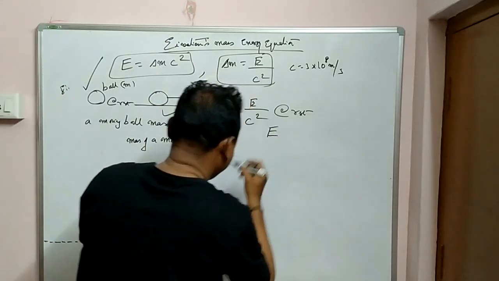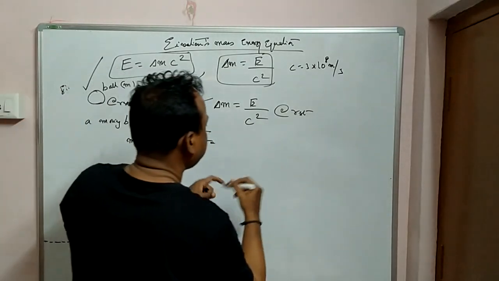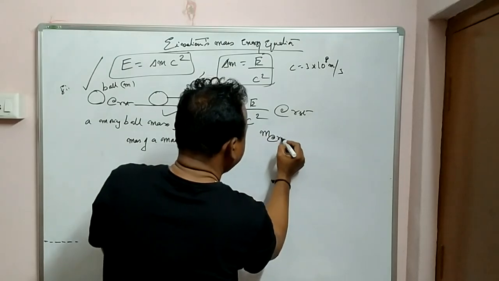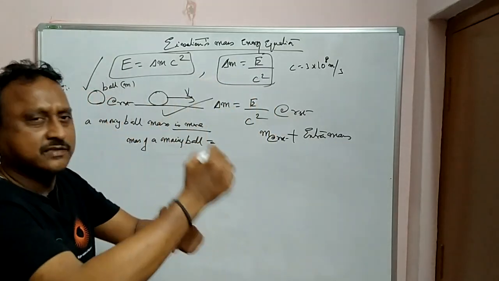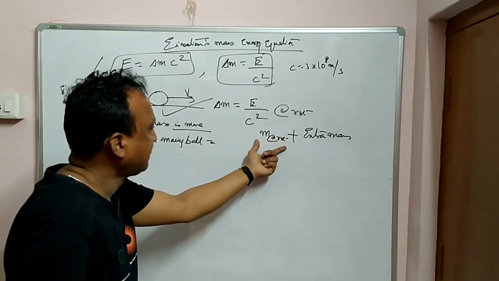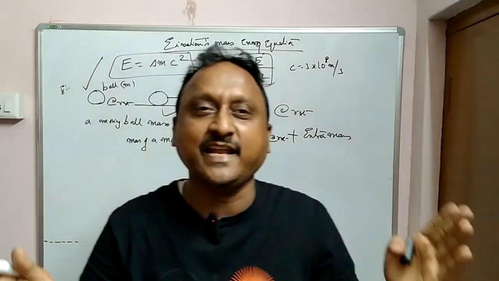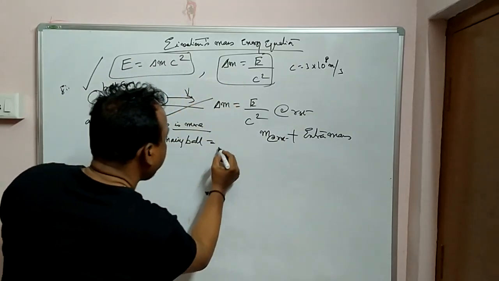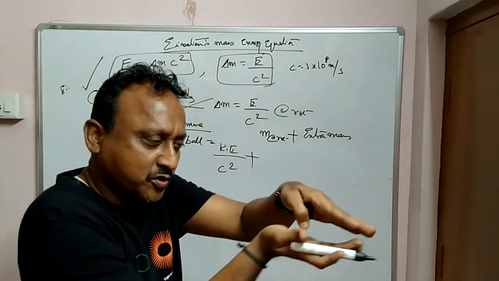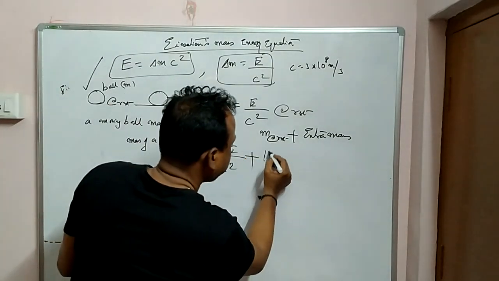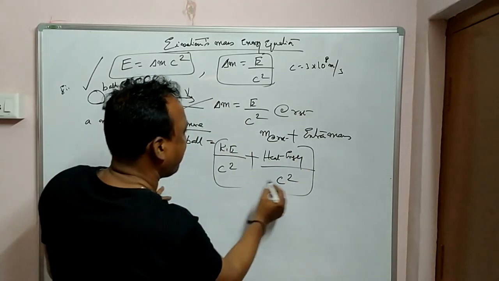Whatever mass at rest is there, plus it will have extra mass. What is this extra mass? Because it is moving, it will be having kinetic energy. So if you apply this formula, kinetic energy by c square, plus, when the ball is moving, due to friction, heat energy by c square. This is the extra mass.